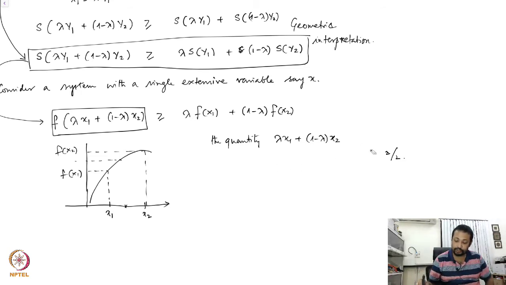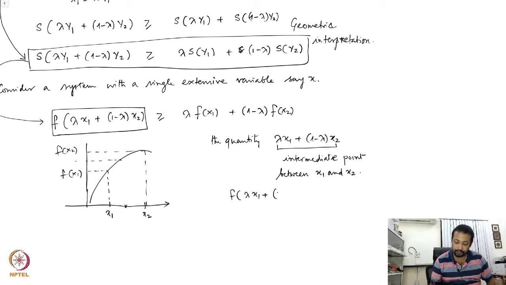So it corresponds to an intermediate point between x1 and x2, and therefore f of lambda x1 plus 1 minus lambda x2 is essentially the value of the function at the intermediate point.